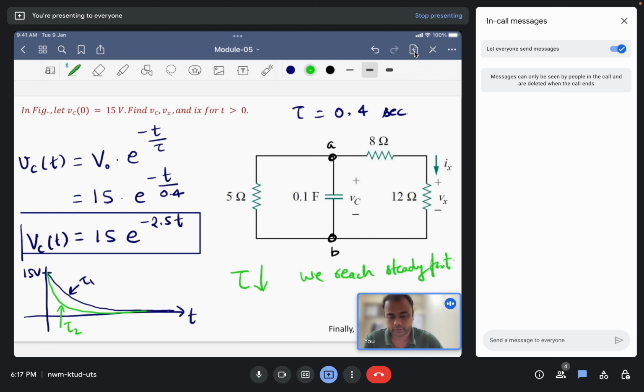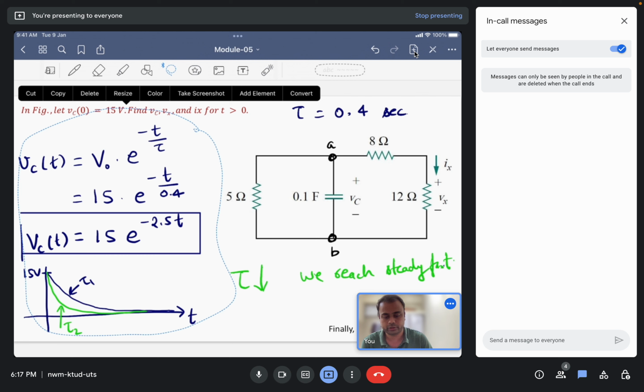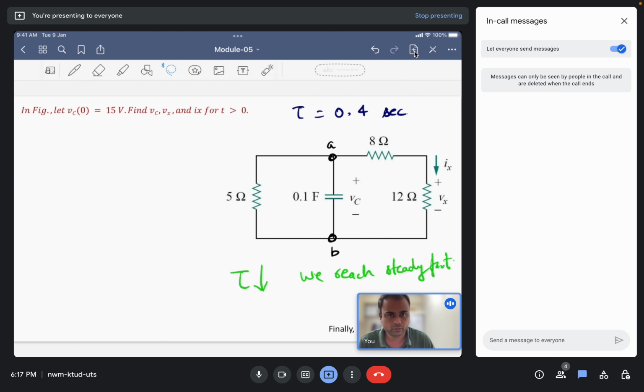Okay, so let us move to the second part of the question. In the second part, we have to calculate the voltage drop across the 12 ohm resistor, that is Vx. So we have to use the voltage divider rule here. We'll use the voltage divider rule to calculate the voltage drop across the 12 ohm resistor.